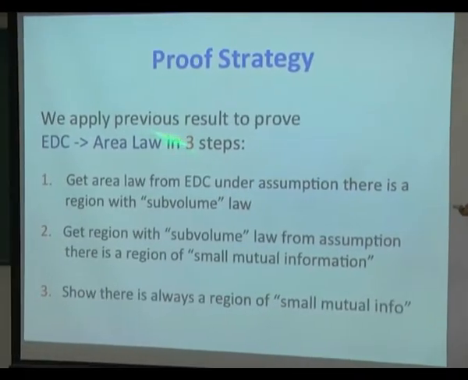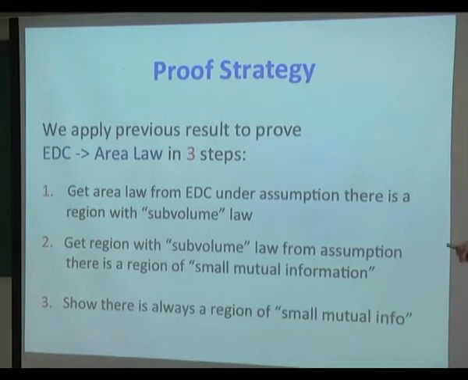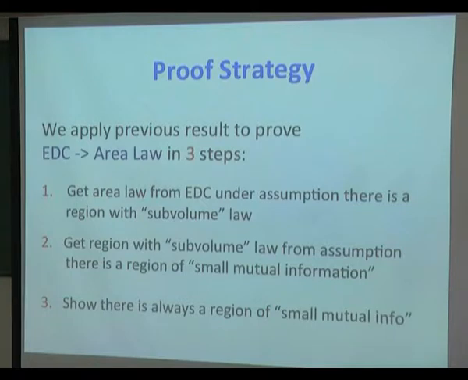Okay, so how do we want to do this? We want to do it in 3 steps. One builds on the other, and each one of them is simple in itself, and they all use the relation that I showed you between entropies and correlations. One is to prove that we can get an area law from the assumption of exponential decay of correlations, that there is a correlation length, under some assumption that there is some region of subvolume scaling of entropy.